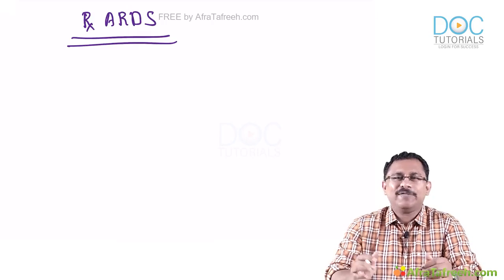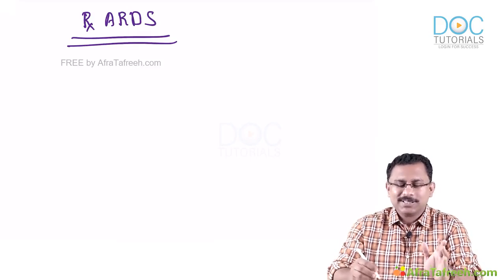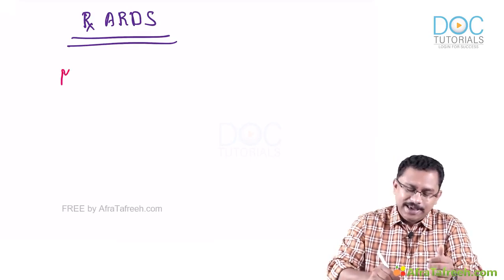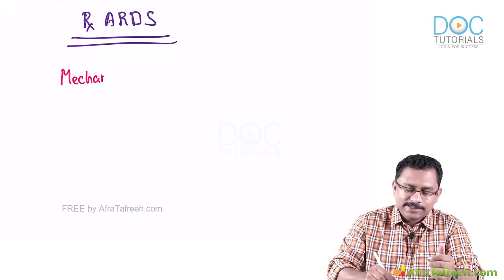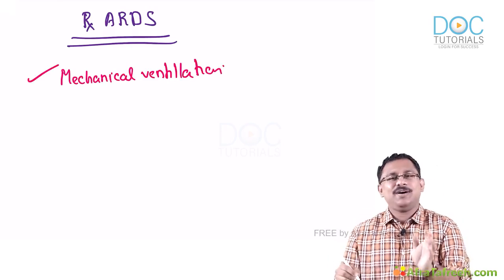Now, management of ARDS, again let me tell you one thing. The most important aspect in the management of ARDS is mechanical ventilation. This is very, very important. This is in fact the cornerstone in the management of ARDS.